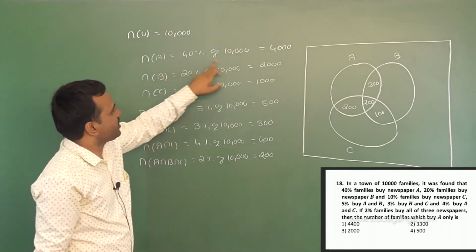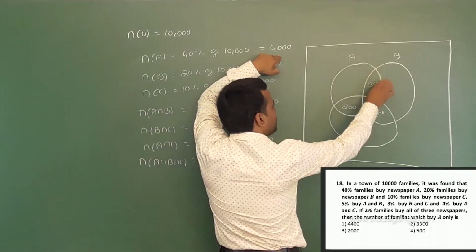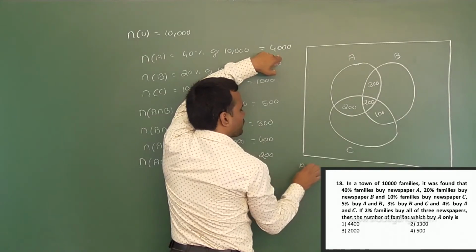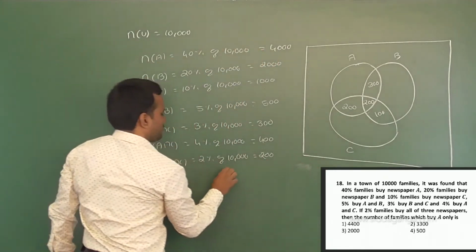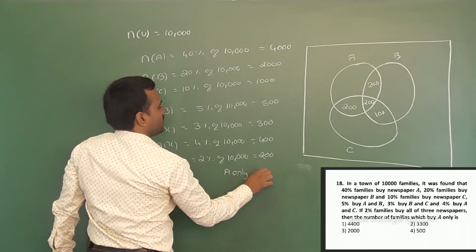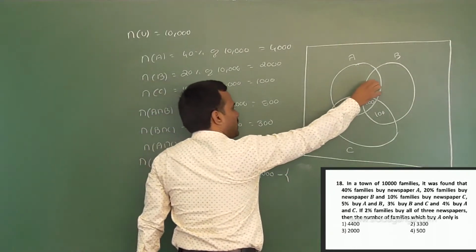N of A is how much? 4,000. This complete region is 4,000. A only, I write here. A only means the 4,000 minus all these.